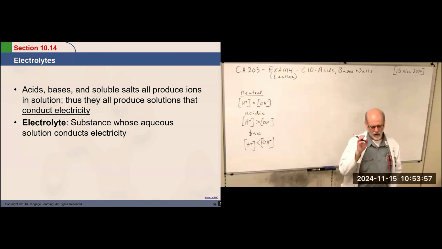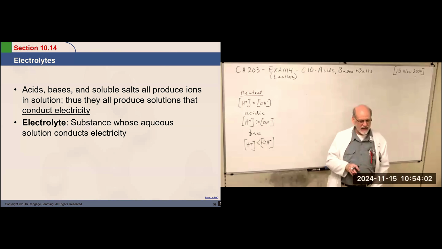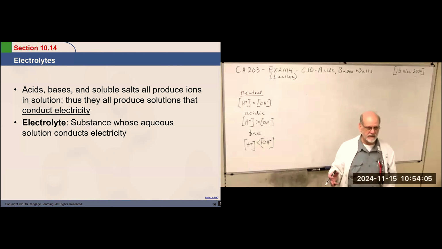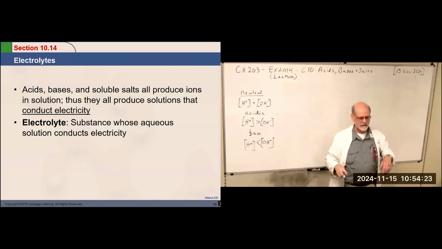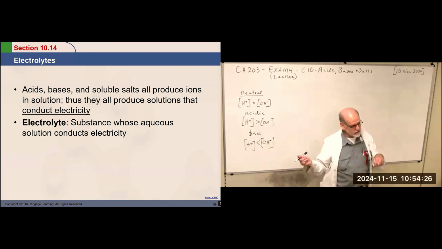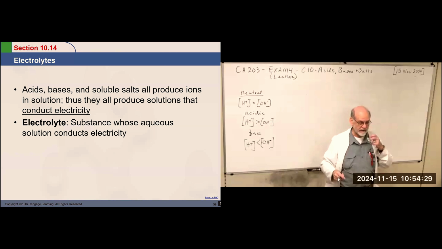Electrolytes are operationally defined. An electrolyte is any compound in aqueous solution that will conduct electricity. What that means is they must dissociate into ions. Right? Because if you put two electrodes into a solution that's connected to a battery and a light, and you try to get a current through that solution, it's not going to go unless there's some charge that will carry the charge from one electrode to the other.